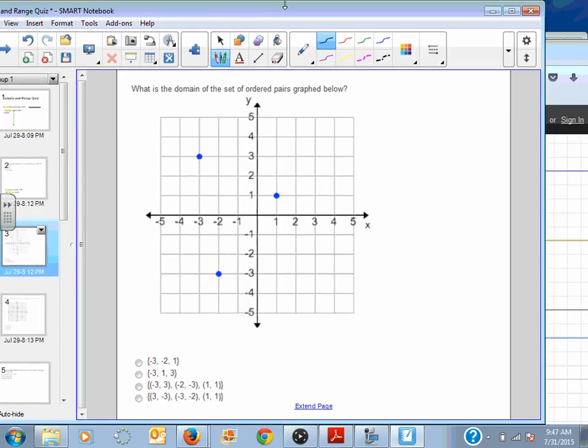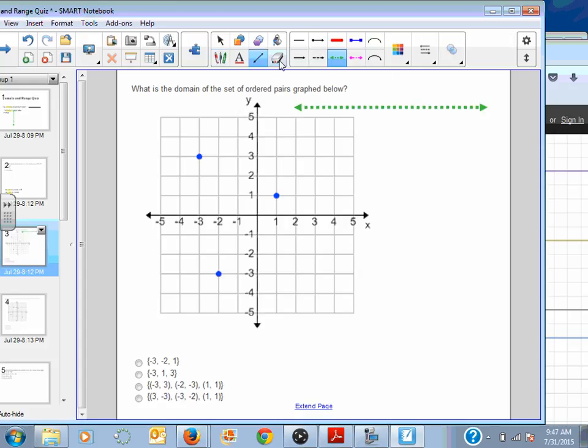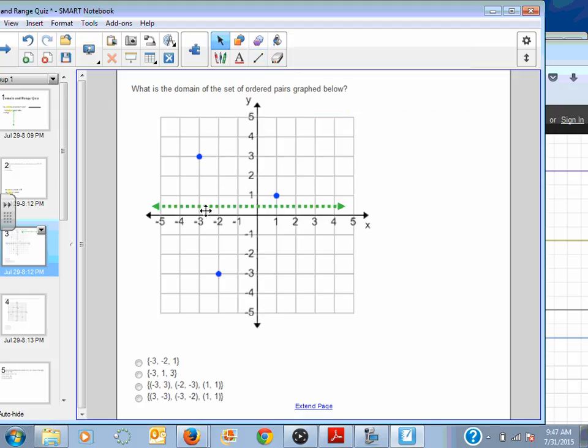Now another look at how to find domain. What's the domain of the set of ordered pairs graphed below? Again, keep in mind, domain is just everything that's side to side. That's what we're worried about. So let's think about where we see this stuff side to side. Let's grab a highlighter.